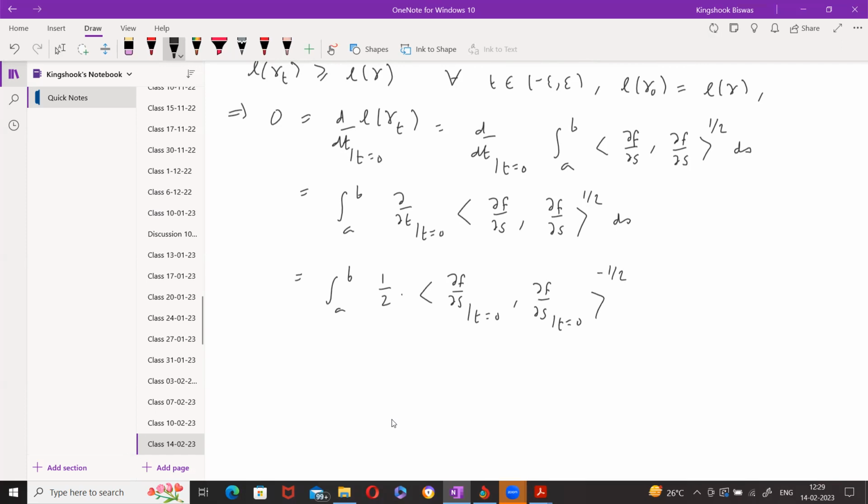This thing is equal to 1, because it is the norm of gamma prime to the minus half, which is 1.